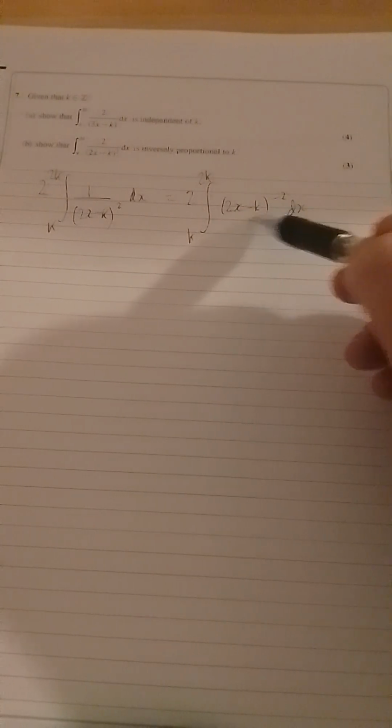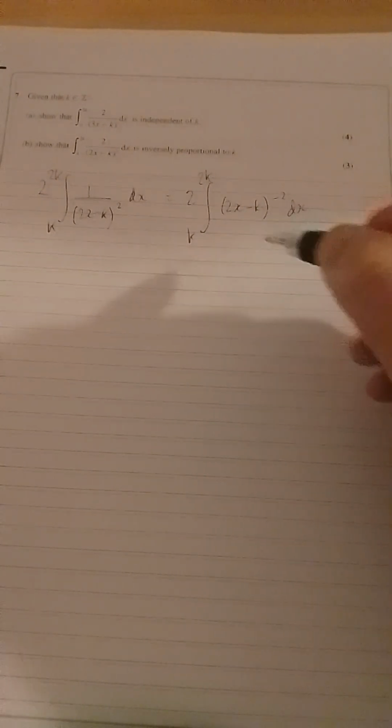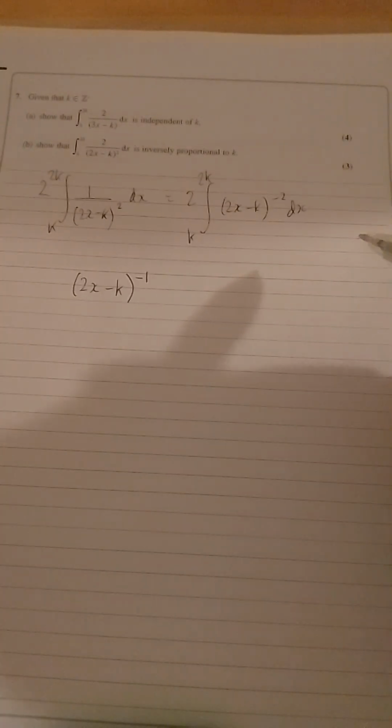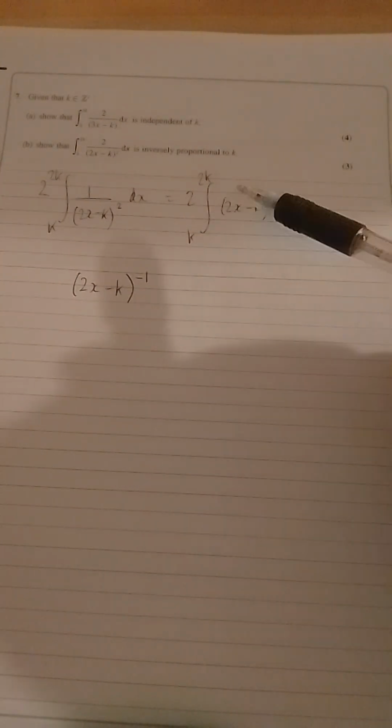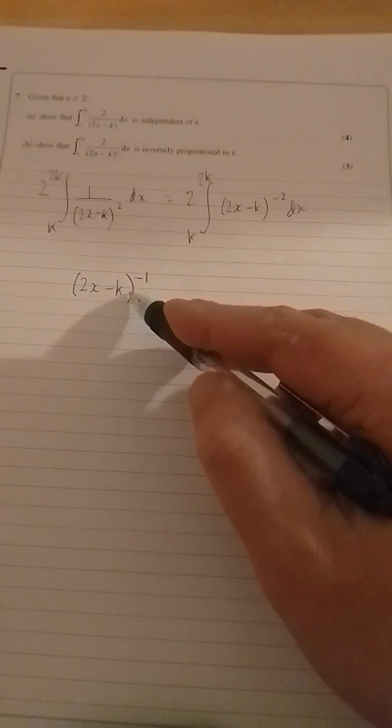And I can probably guess that the integral of this is going to look something like 2x minus k to the minus 1. Now that's not exactly right, but it'll be something almost like that. So let's try differentiating it.